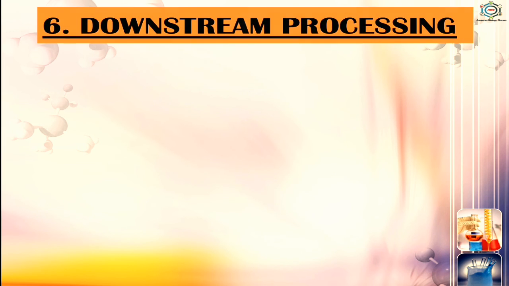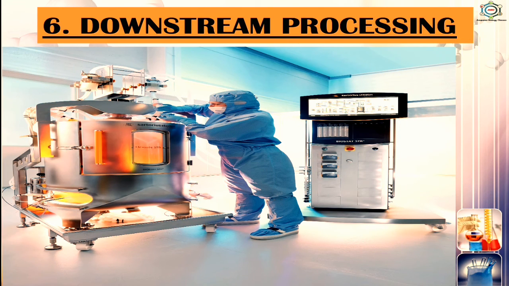Now, after this, the last step is downstream processing. Once the foreign gene product is synthesized, it is collected from the bioreactor and then processed further for its separation and purification. The purified and finally finished product is now ready for marketing.